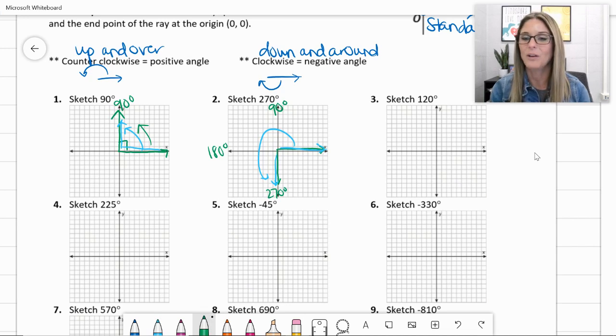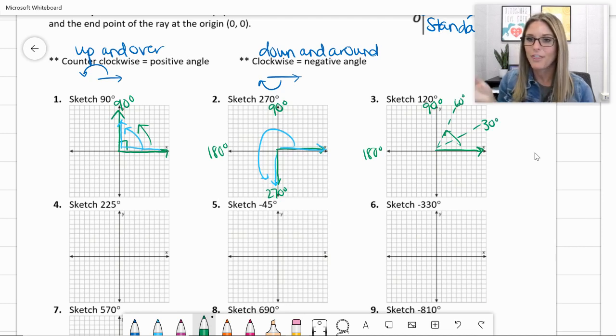Number 3, sketch 120 degrees. We're going to start positive x-axis. As I rotate up for a positive angle, 90 degrees would be straight up. All the way over is going to be 180, and that's too much. So a couple things I want to point out is, remember, if we divide one of our quadrants into thirds, this would be 30 degrees and then 60 degrees.